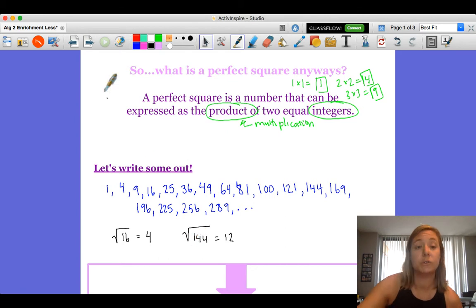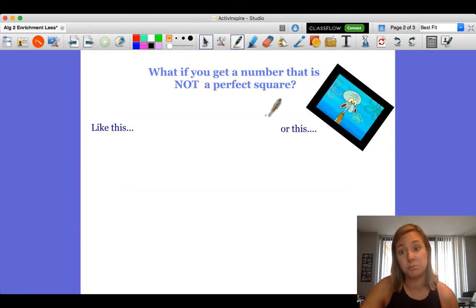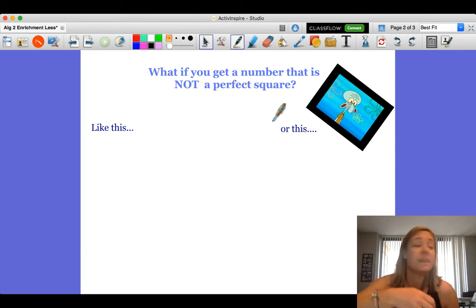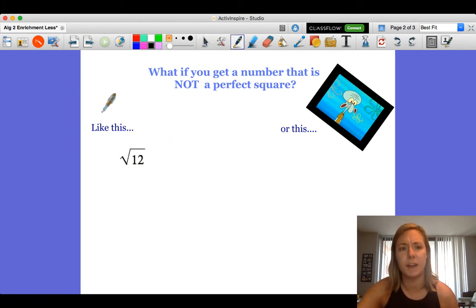Okay. So what happens if the number you see, the result of something you have to take the square root of, is not one of these perfect squares? It's somewhere in between. For instance, the square root of 12. We knew the square root of 9 and we knew the square root of 16.